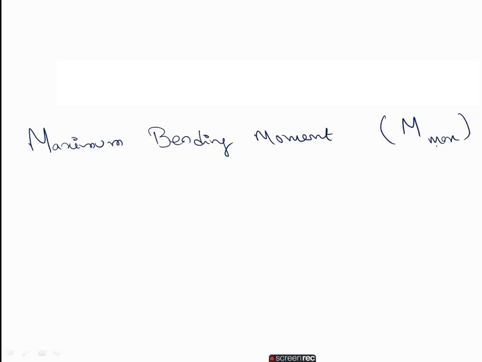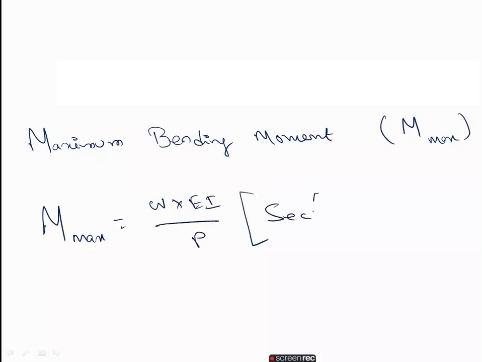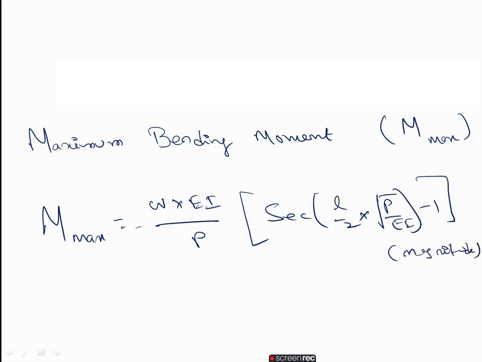We know the Mmax formula, discussed in yesterday's lecture, that is W into EI by P, secant of L by 2 into square root of P by EI, minus 1. Here it is a magnitude, that's why I am neglecting the negative sign. So this is the calculation of maximum bending moment.